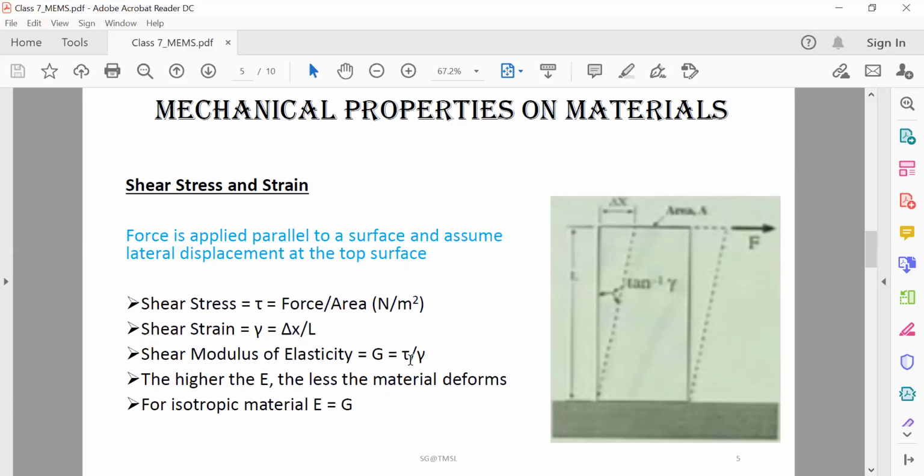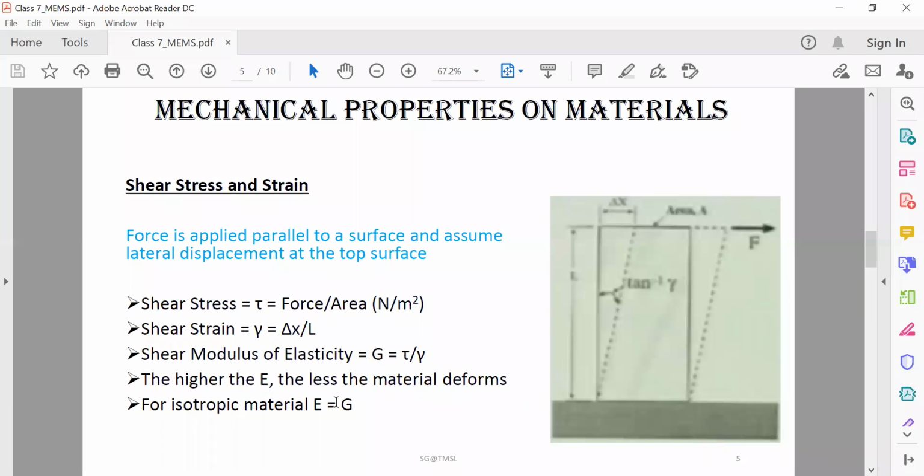So the higher the G, the less the material deforms, like the axial strain. Another important point is that for isotropic material, E equals G. What is E? E is the elastic modulus and G is the shear modulus.